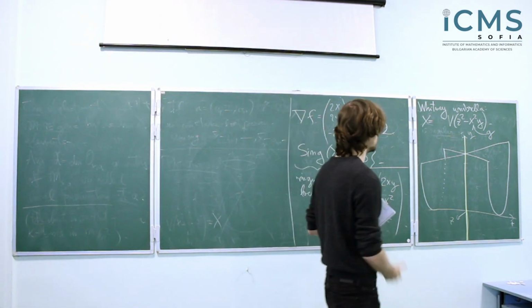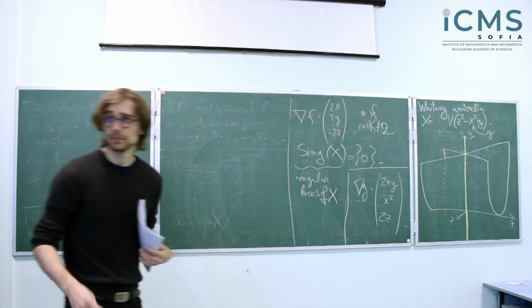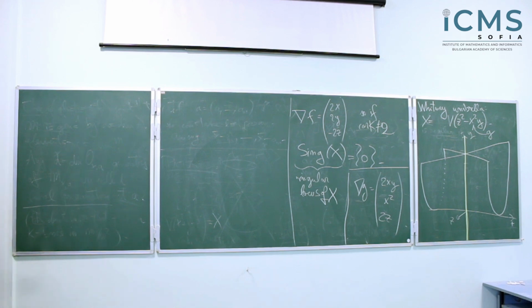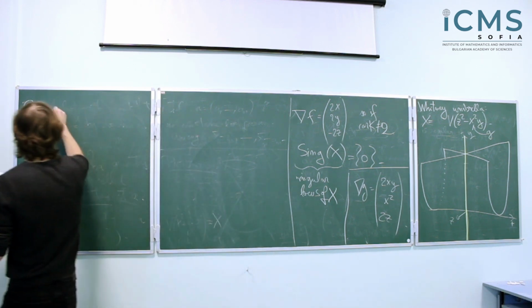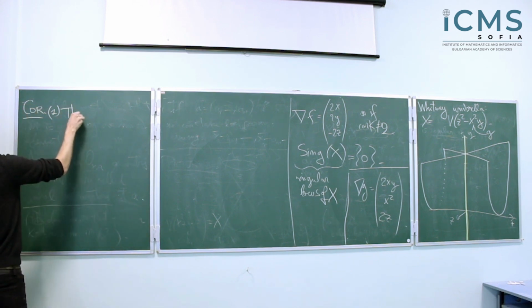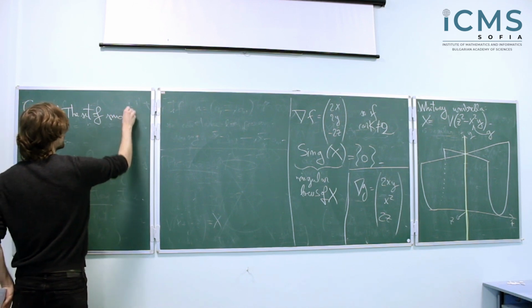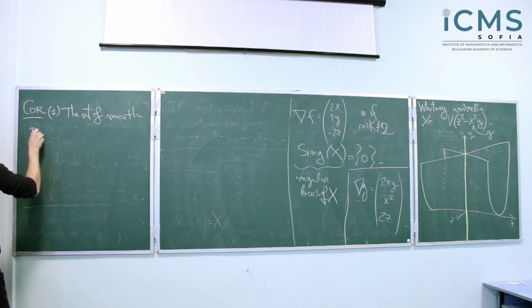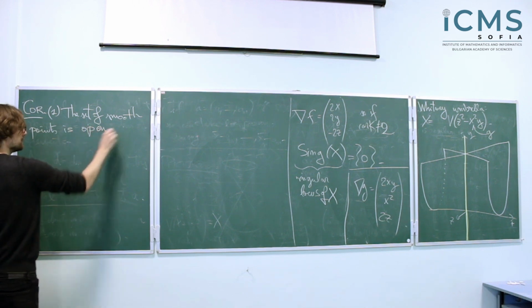general knowledge we need about singular points, is generic smoothness. So another corollary of the Jacobian criterion is the following thing. It means that the set of smooth points is open.